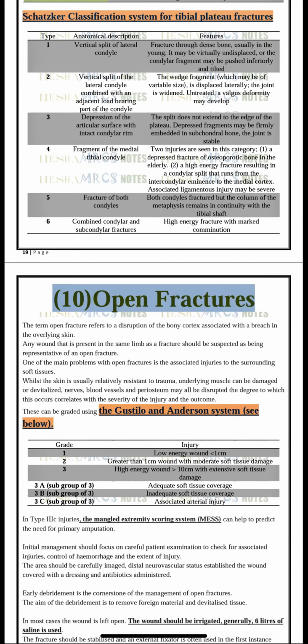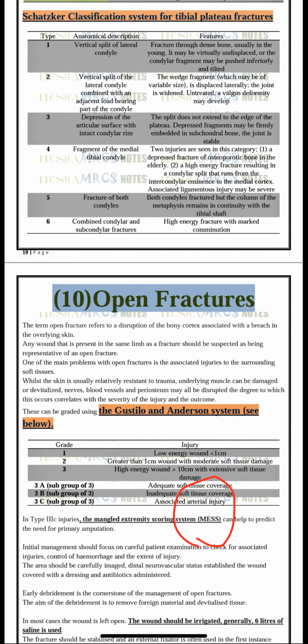What is MESS? Mangled Extremity Scoring System. This is a scoring system to assess whether you will reconstruct this limb or go for amputation. So if this score is high, I will go for amputation. Further details of this MESS score are not needed for part B or even part A.